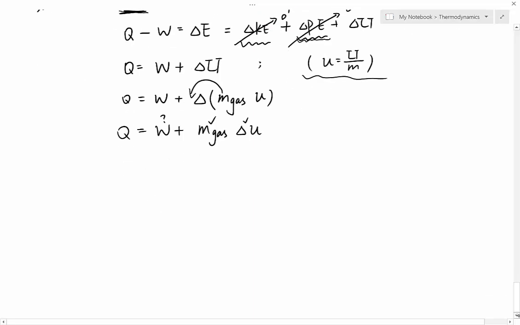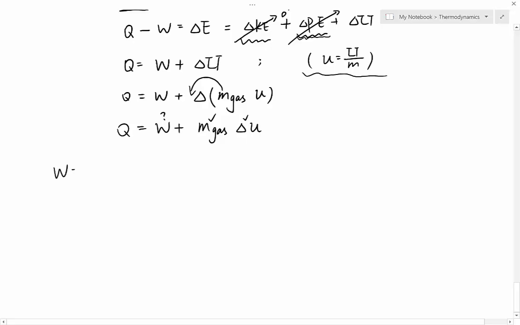Okay, how do we look for work? I always suggest you start from the most fundamental equation. The most fundamental equation for work is always the integral of P dV from V1 to V2. P is the pressure of your system. V is the volume of the system. Okay, so in this case, what kind of pressure is this?